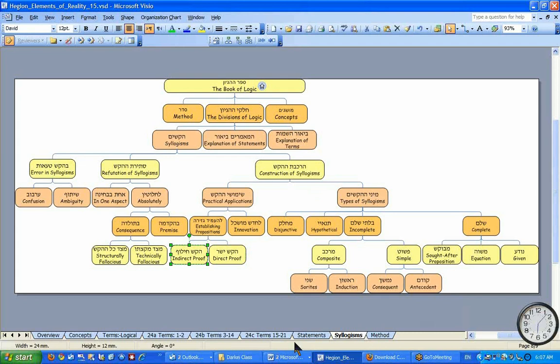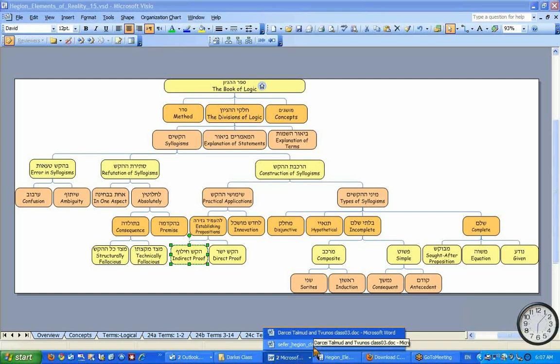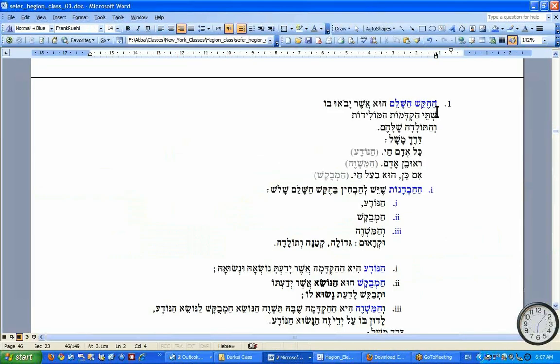Be'ezrat Hashem. So let's go to the Sefer and look inside and see how he explains those things. So he says like this: what's called the Hekesh HaSholem? Hu asher yavohu bo shtei hagdamos hamolidos v'hatoldos shelehem.